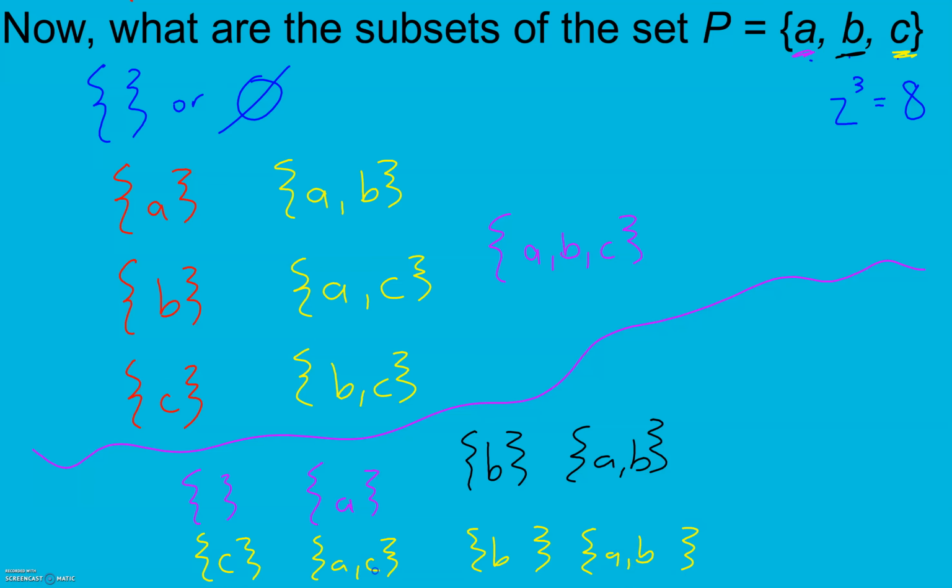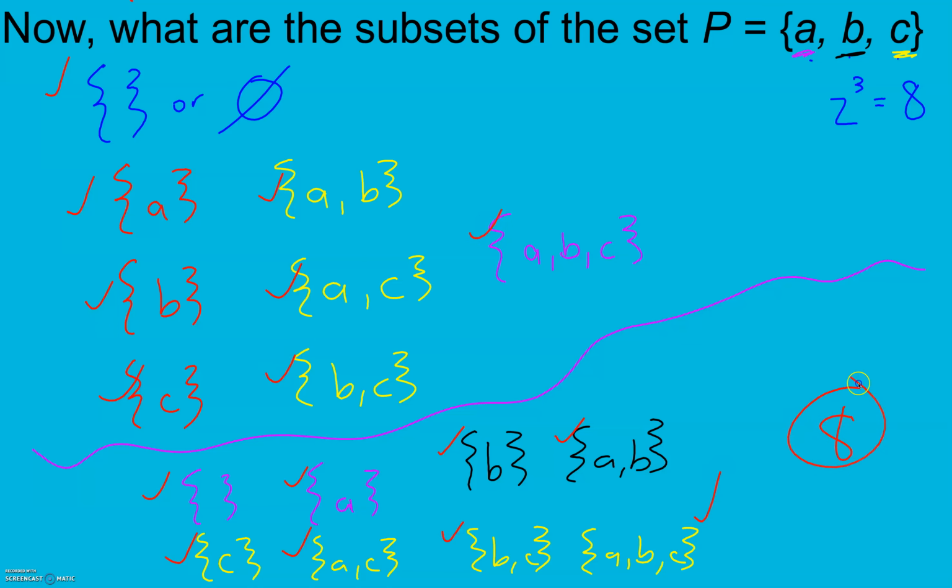So C, C, C, C. This gives me the same 8 sets, but it's a way to remember all of them without missing any. So no solution, A, B, C, AB, AC, BC, and all of them.